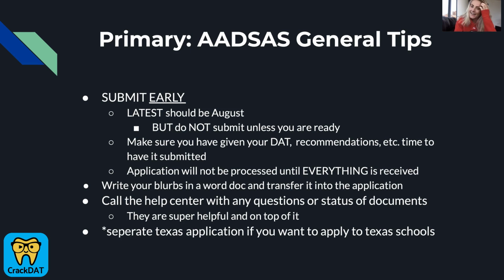So another thing too that I found really helpful is write all your blurbs. I don't remember the exact character count, but for your little extracurricular boxes or volunteering, shadowing experiences, you have a character count. So I always made sure I was doing those little blurbs on a Word doc and counting the characters and really editing and making sure that my punctuation was correct and everything was correct on the Word doc.